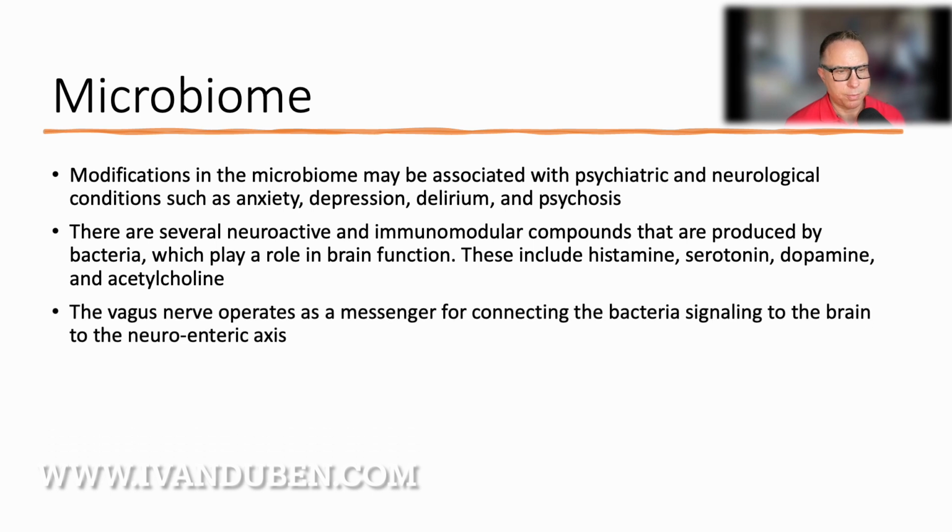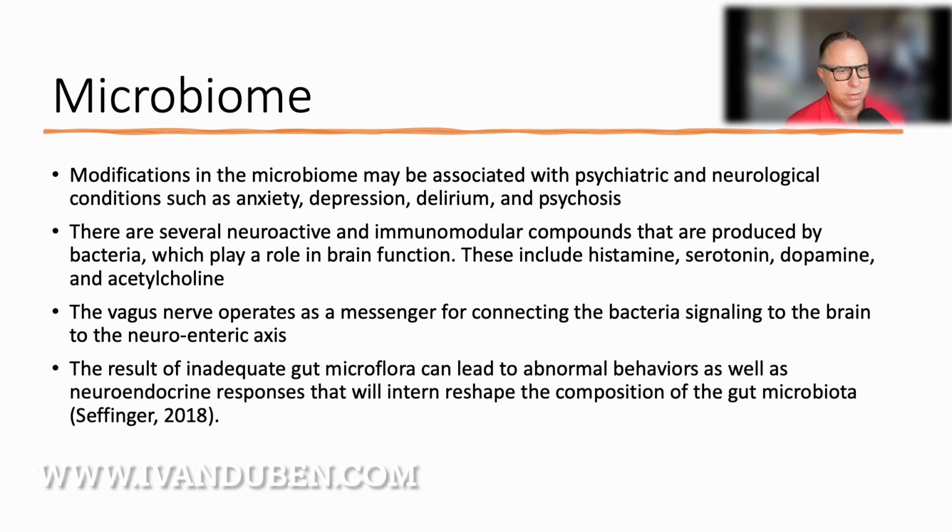The vagus nerve operates as a messenger for connecting the bacteria signaling to the brain through the neuroenteric axis. The result of inadequate gut microflora can lead to abnormal behaviors as well as neuroendocrine responses that will in turn reshape the composition of the gut microbiota.